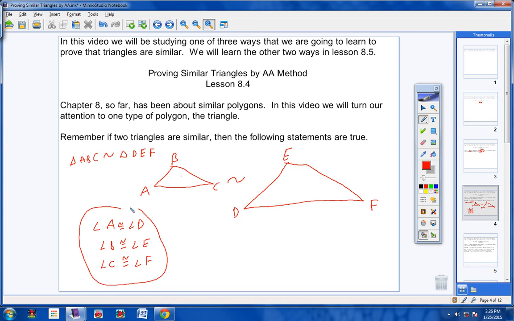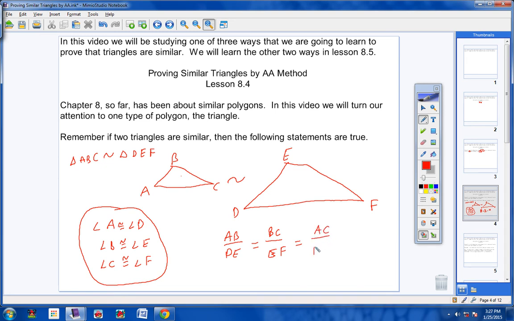Please don't forget that. Now, I can also then state, if these two triangles are similar, I can say AB over DE equals BC over EF equals AC over DF.